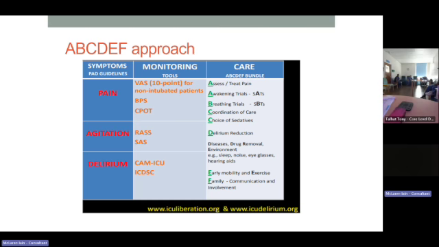Spontaneous breathing trials should be the norm, actually aiming to keep people on the ventilator for as short a time as possible. Trying to coordinate care so that patients aren't constantly being attacked by various groups of people. So the physios come along, and then the speech therapists come along and do a bit, and the OTs come along. Trying to coordinate care so the patient does have some periods of adequate rest as well.